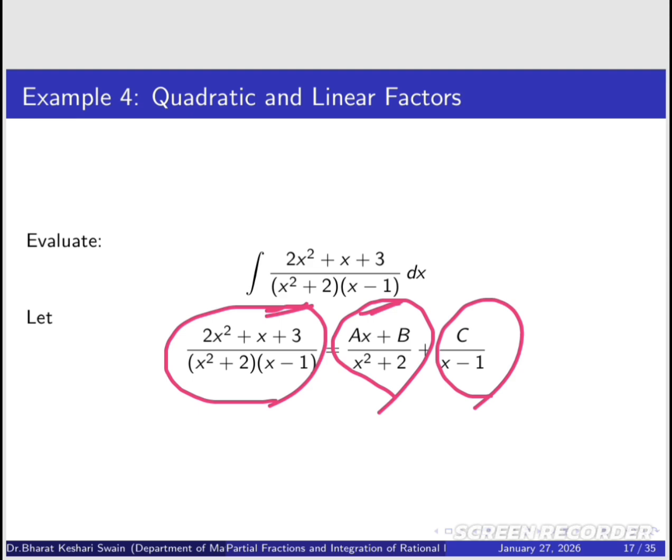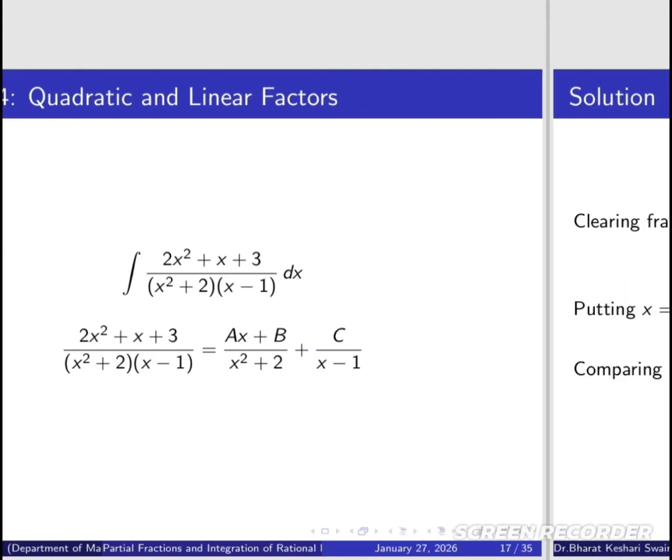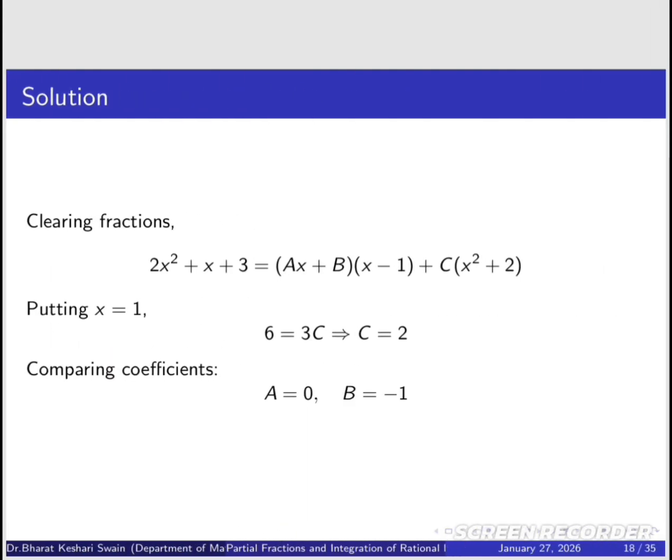Clear? And now come to the procedure, that is to compare the like powers of x. Clearing the fraction, your left hand side is equal to the right hand side like this.